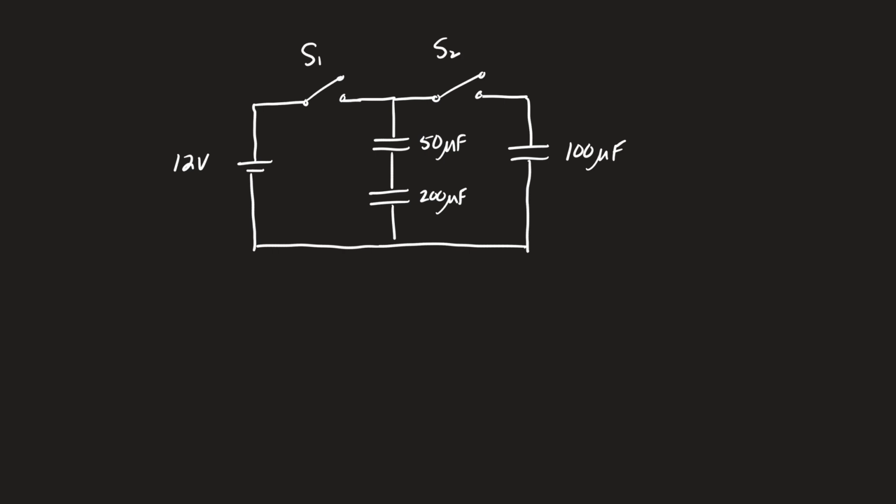All right, so you see the similarity here, correct? Very similar circuit. So in this one, I'm thinking the same problem, the same exact question. I close switch 1. I let those 2 capacitors come up to a full charge. Then open switch 1 and close switch 2.